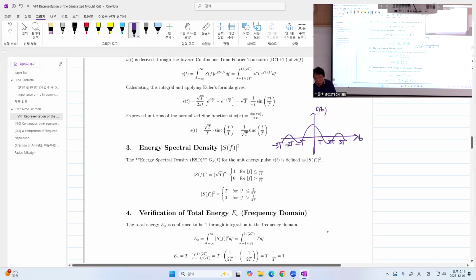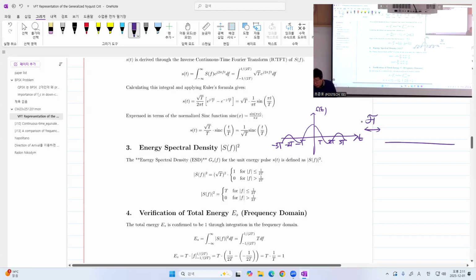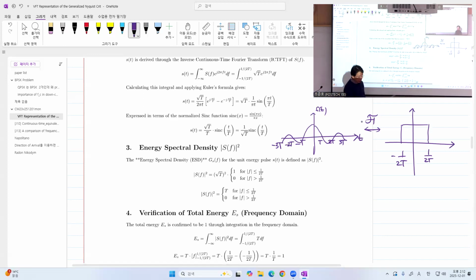Got it? And we know that the Fourier transform of sinc pulse is what? Especially when we have the symbol rate 1 over T, then it's a rectangular pulse that has non-zero value only on the Nyquist zone or Nyquist interval. Got it?